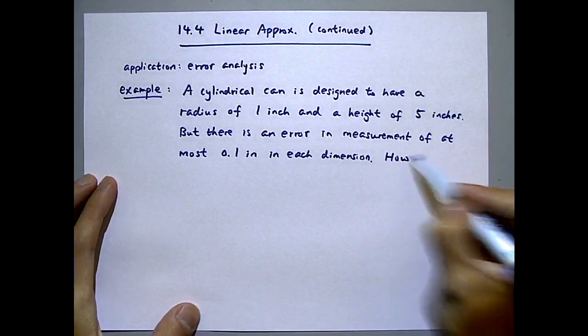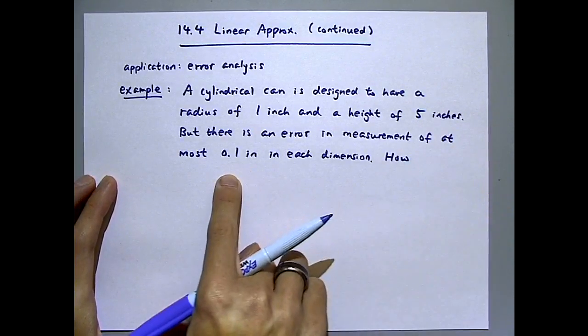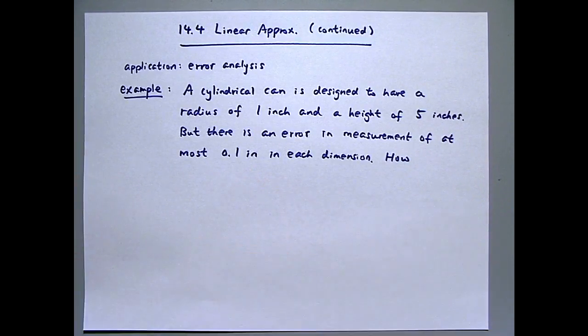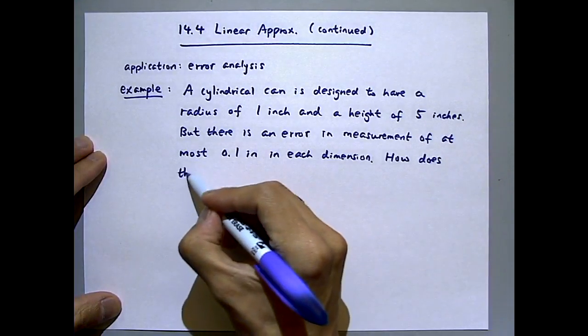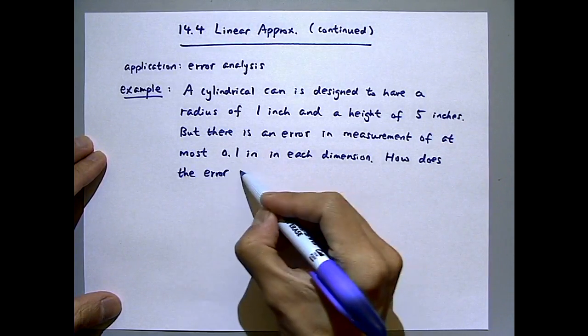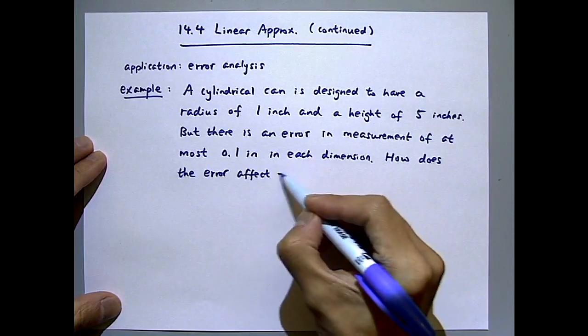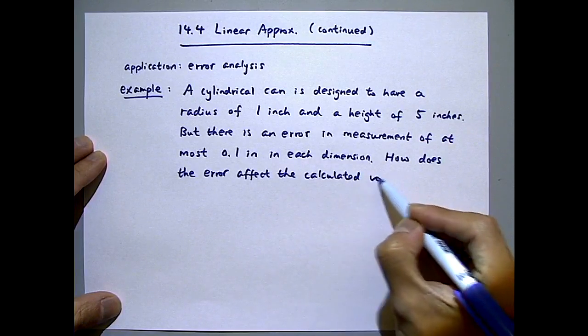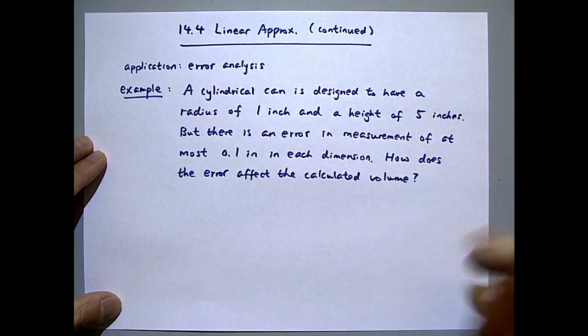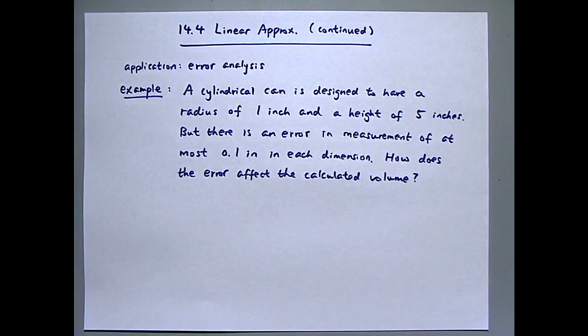We want to find out if I make a seemingly small error in the measurement in the radius and the height, how does that affect the calculated volume? In other words, a 0.1 inch error in the measurement translates to how big of an error in the calculated volume.